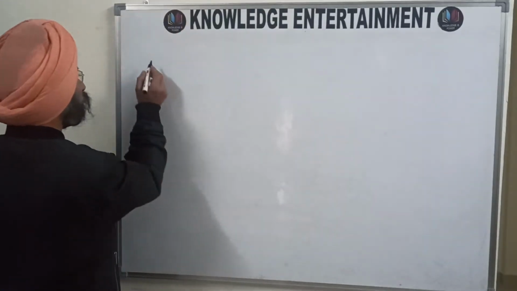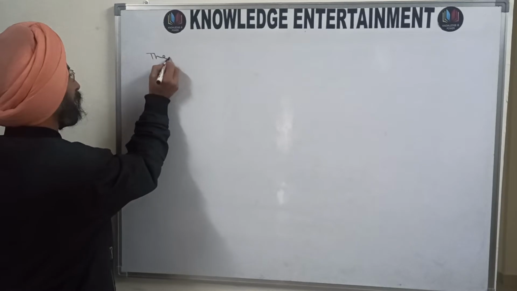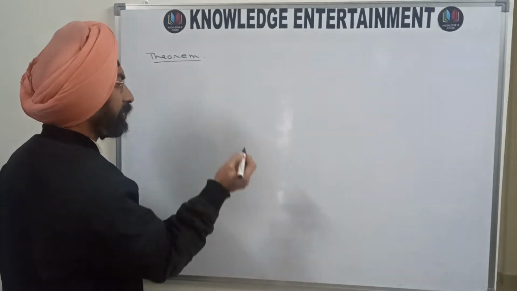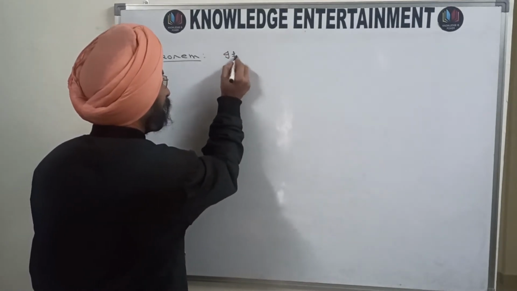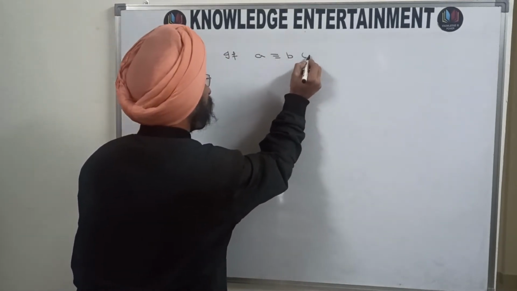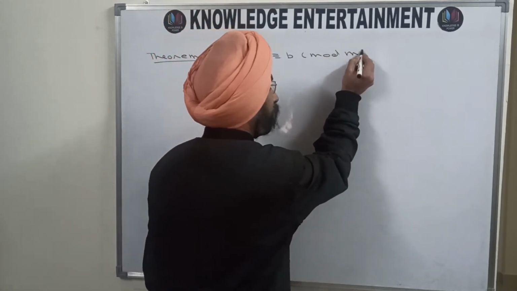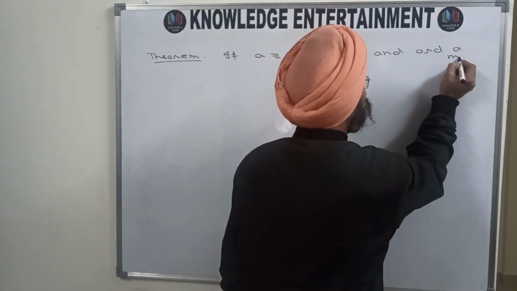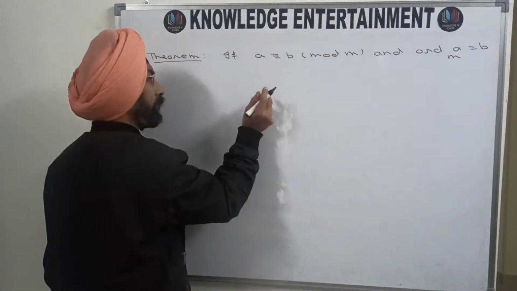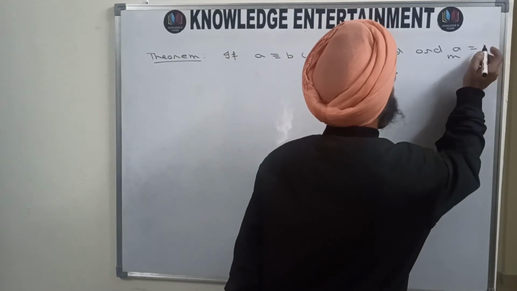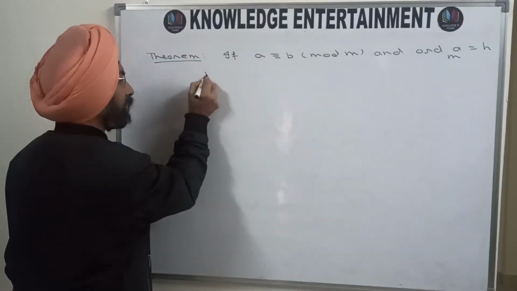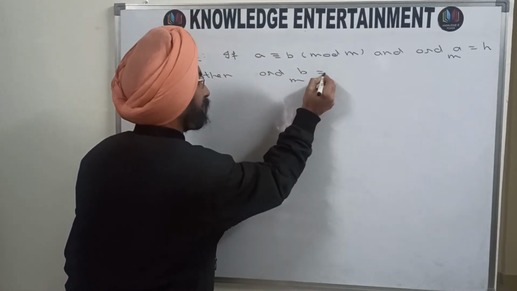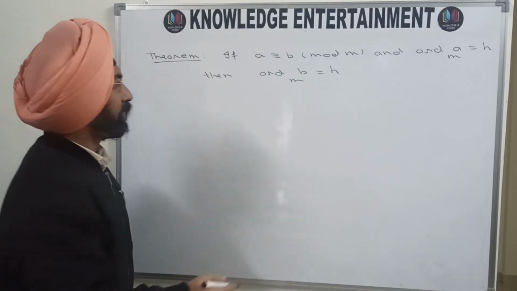The first one I am going to take, you can take it as an example, a theorem, or a result: if a is congruent to b modulo m, and order of a modulo m is h, then order of b modulo m is also equal to h.